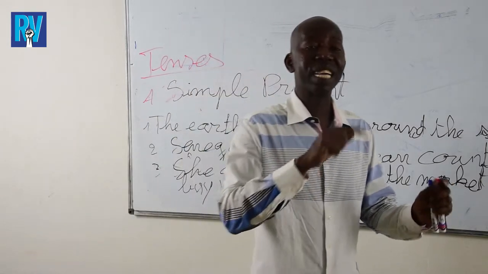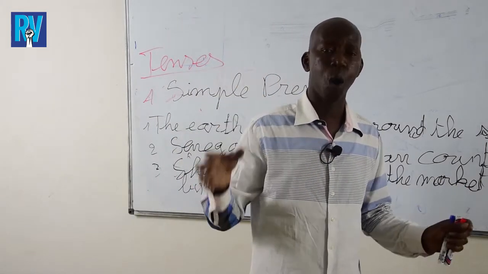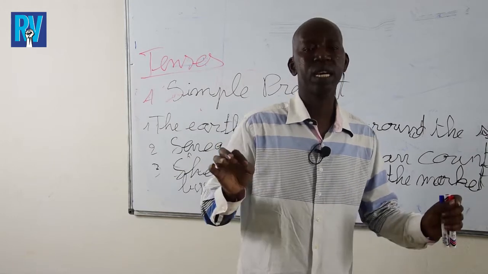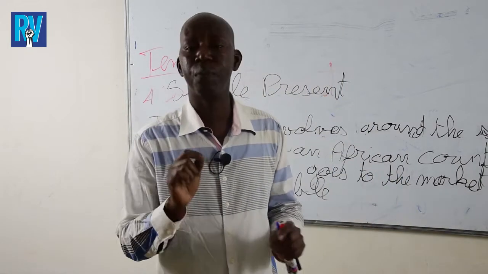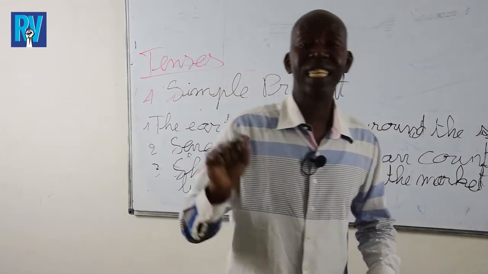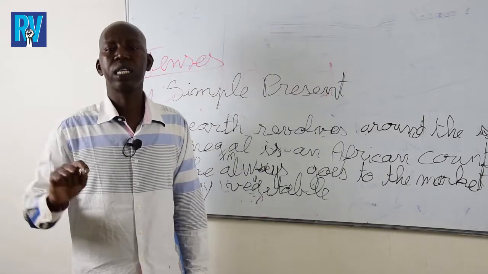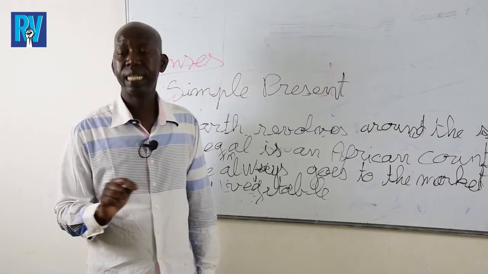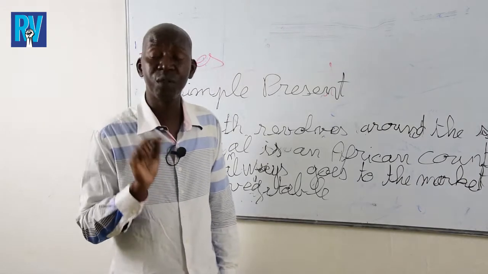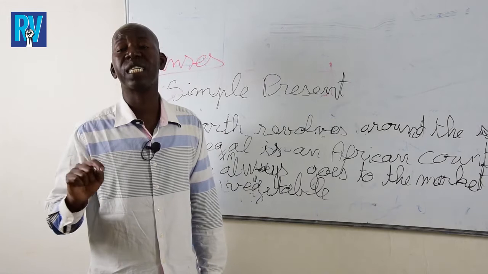But whenever you have it's high time followed by for, here you are not going to use the simple past. Donc quand vous avez it's high time suivi de for, en ce moment nous n'avons pas de simple past, mais nous devons écrire le verbe à l'infinitif avec un to.